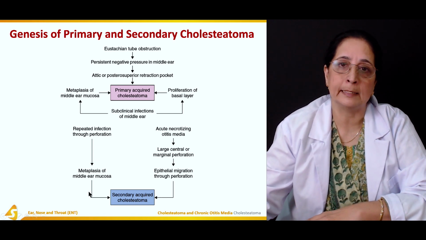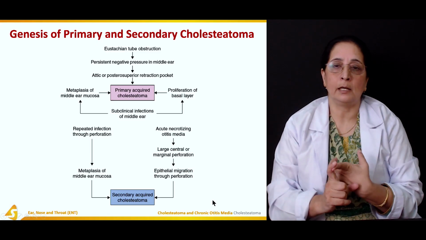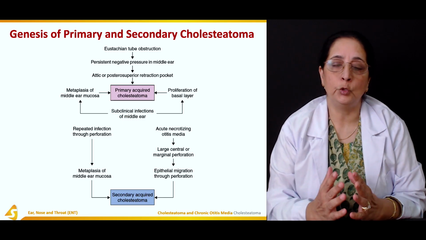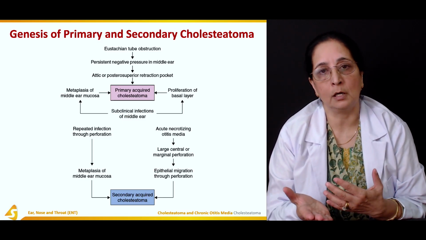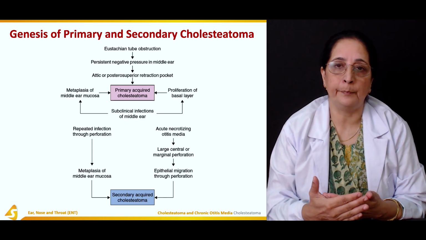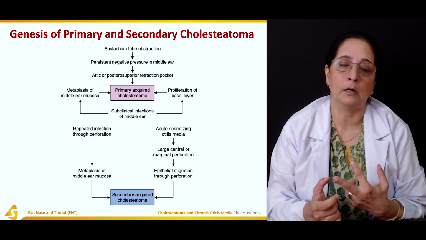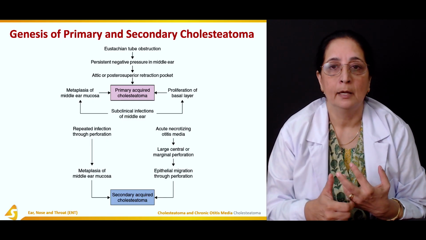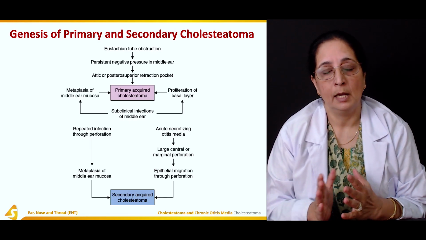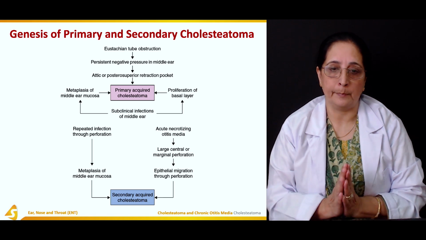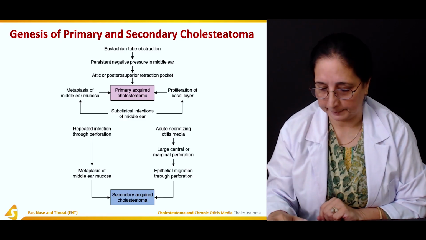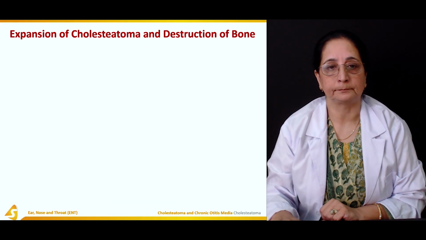Sometimes that leads to metaplasia. So in primary cholesteatoma, there are no pre-existing conditions, usually some infection or a result of obstruction. In secondary, there is pre-existing perforation or otitis media, which is usually the necrotizing type, and this can lead to perforation and then metaplasia and hyperplasia. So this is the genesis or pathogenesis, how the acquired and secondary types develop.